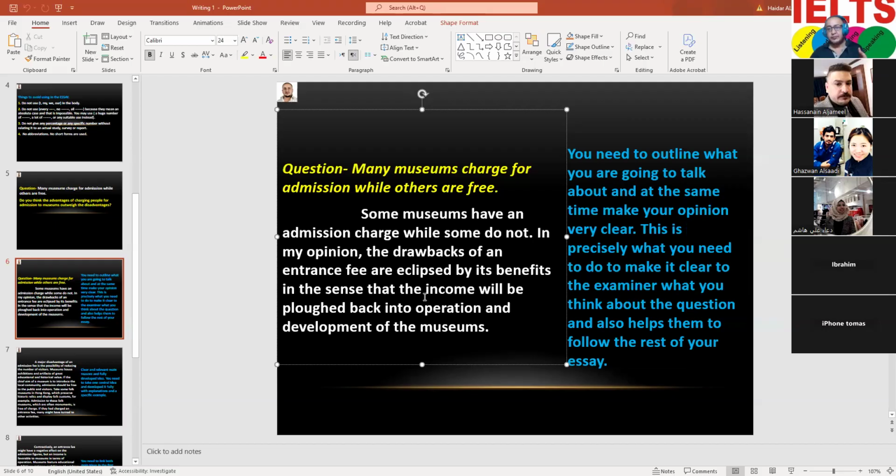By Cambridge School means by the Cambridge way, by Cambridge University, and the IELTS is from Cambridge. If you want to follow this way, just a minute, please let me finish my explanation, then you may ask. I will give you time to ask. If you want to follow this way, that's the most ideal way.